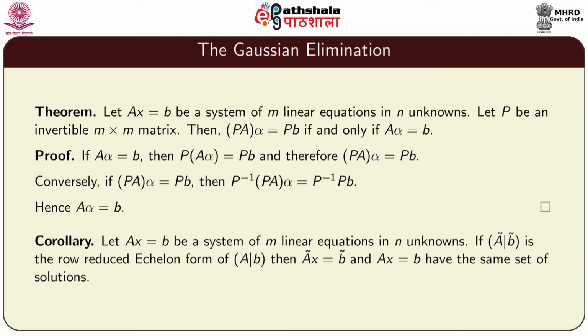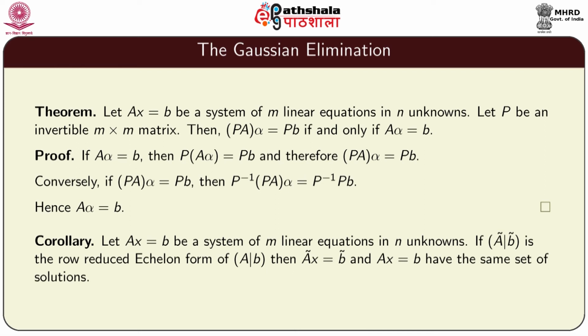And conversely, if PA alpha is PB, then if we apply P inverse, then P inverse P A alpha is P inverse P B, and we can do that because P inverse exists, and since P inverse P is the identity matrix, we do get A alpha equal to B.